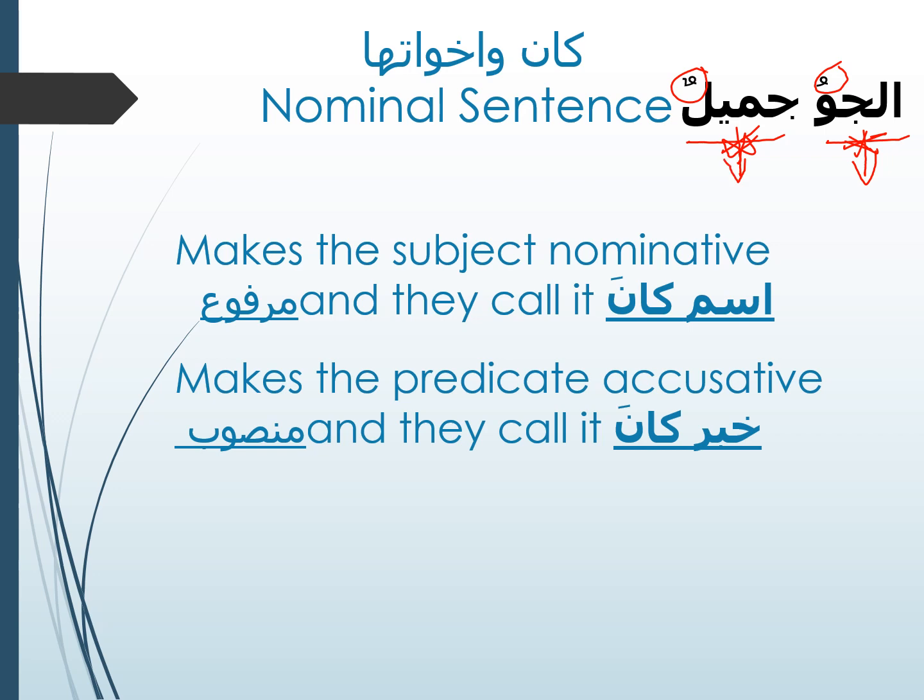So when Kana enter the nominal sentence, it makes a lot of changes to the nominal sentence. It makes the subject, which we call مبتدأ, we start calling it اسم كان. And the predicate, we start calling it خبر كان. The predicate here is مرفوع. When we have كان in the sentence, it turns to accusative منصوب.